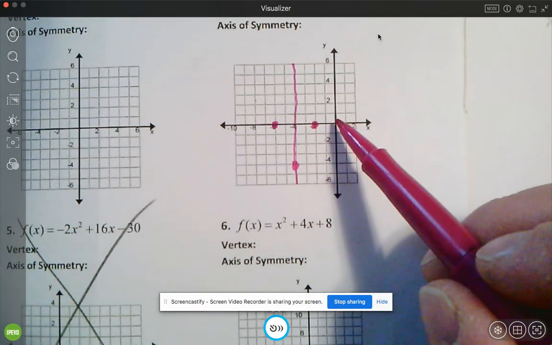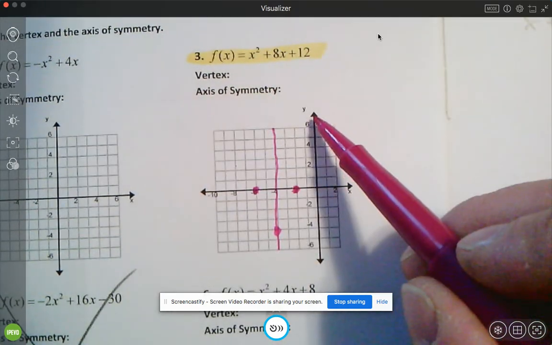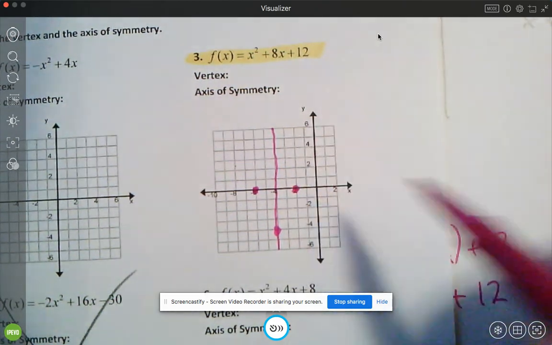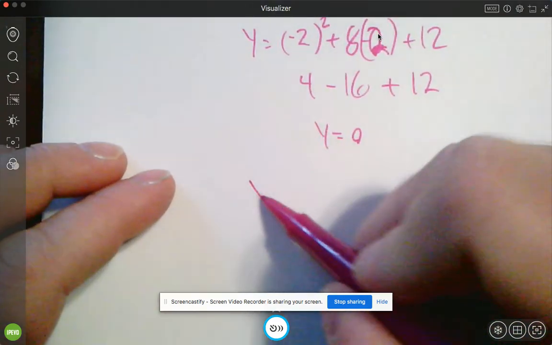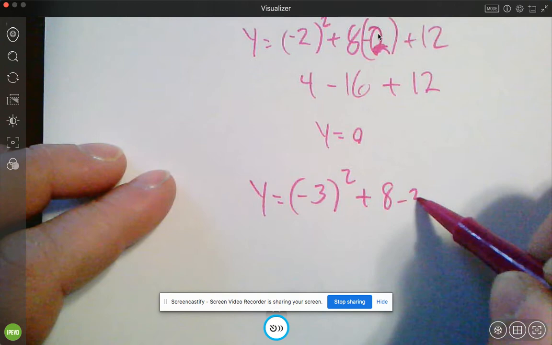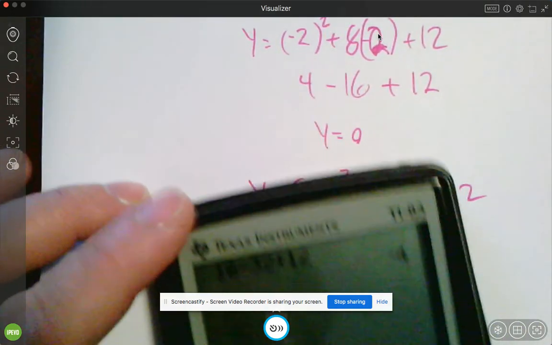If I wanted to do my y-intercept, which I sometimes like to do, of 12, you can see it doesn't go that far up. I don't even know if -3 will go that far up. So let's see what happens when I put in -3. So y equals (-3) squared plus 8 times -3 plus 12. I'll go to my calculator.